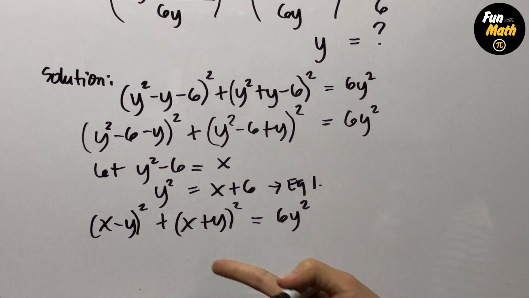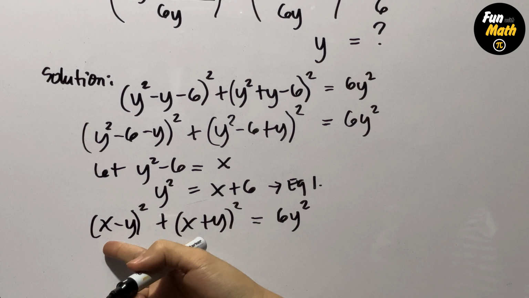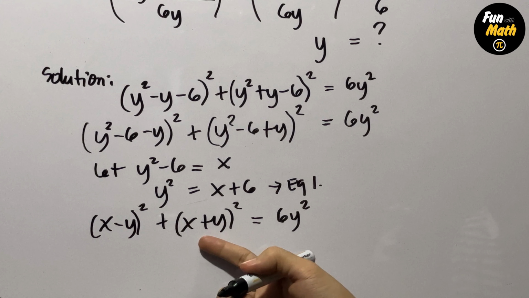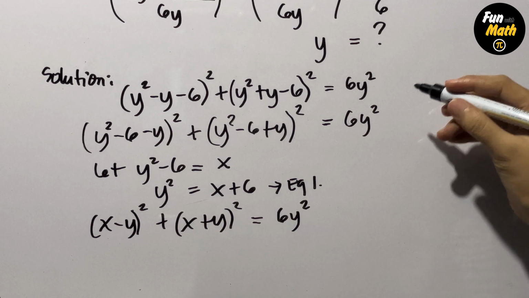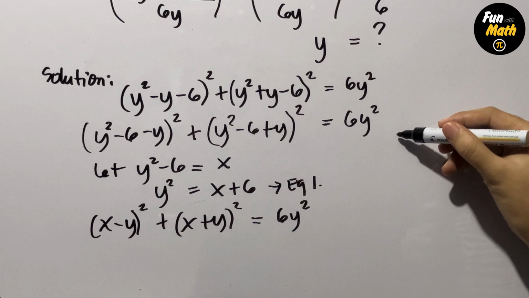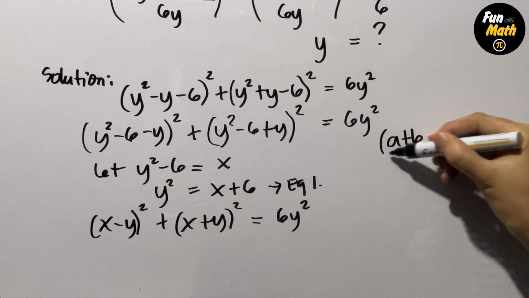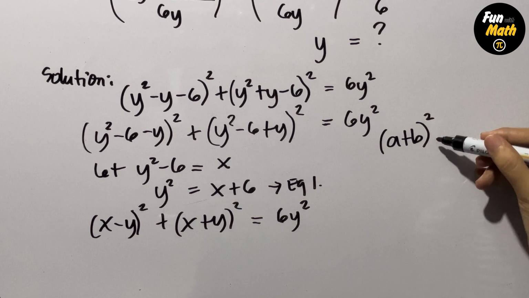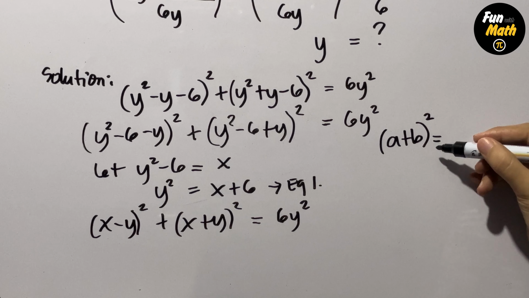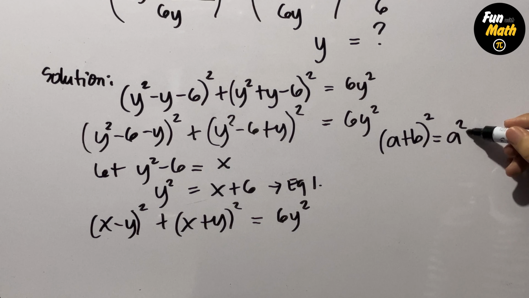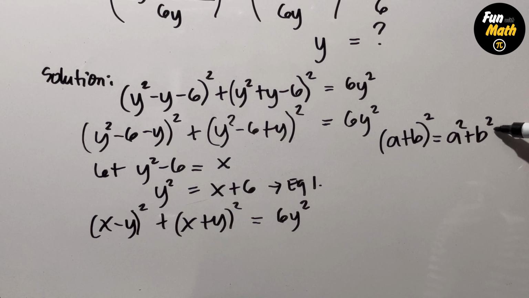Now if you observe, this is an identity, and also this is an identity. So we have an identity, (a plus b) whole to the power of 2, which is equal to a squared plus b squared plus 2ab.